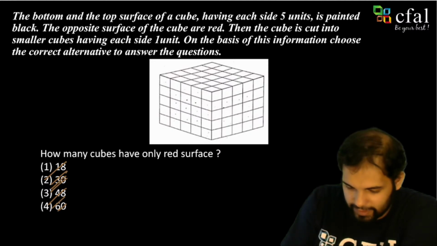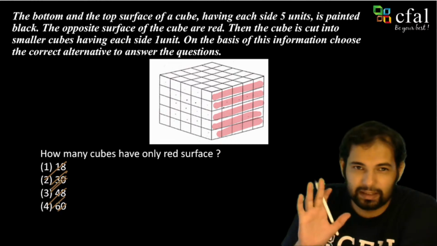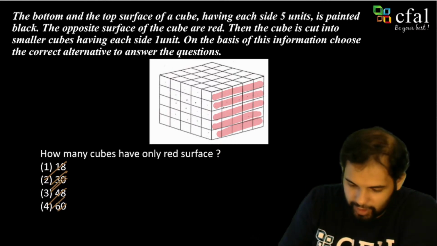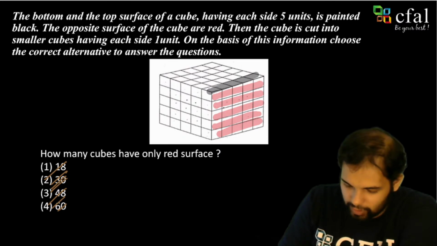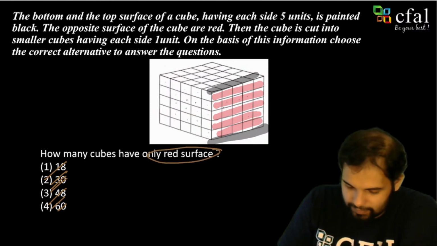Let us go back to a red color. So this was red, this was red, this was red, this was red, this was red. On the opposite side the same thing will happen, right? The issue was there was black here. The question clearly says, and this is black below this also. The question clearly says I need only red surface, right?